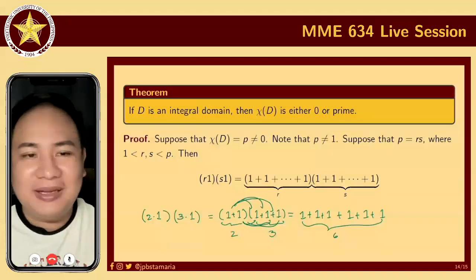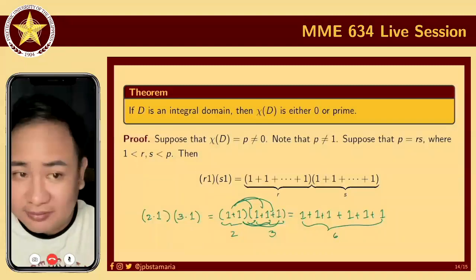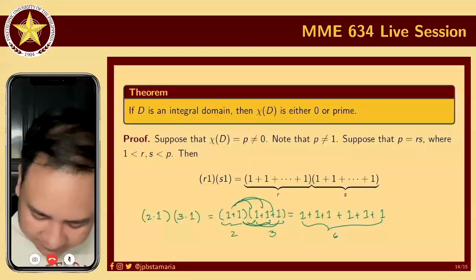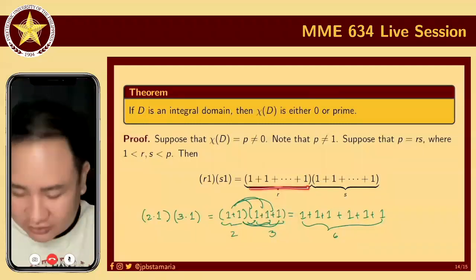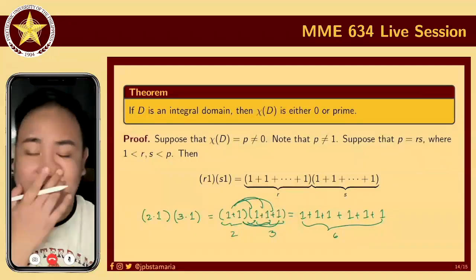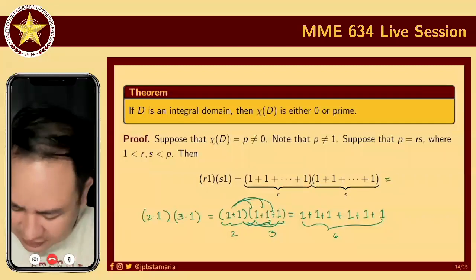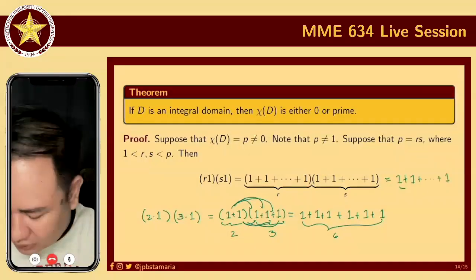Pag nag-a-apply ka kasi ng distributive property, you are pairing each term to every term. Diba? Ganun yun. Ilang terms ba meron dito? R. Ilang terms meron dito? S. If you're going to pair everyone from this expression to everyone in this expression, in product of RS, yes, there will be a lot of ones, but then there are how many ones now?